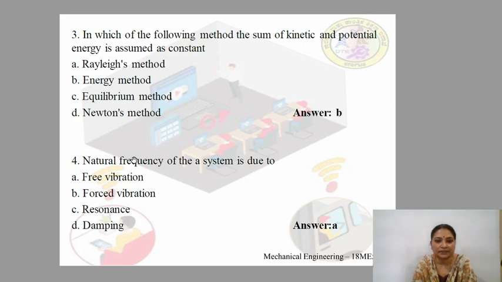We all know that the natural frequency of the system is because of free vibration. It is not because of forced vibration, and the third and fourth options also cannot be chosen. So the natural frequency of the system is mainly because of the free vibration of the body. So the right answer will be answer A.